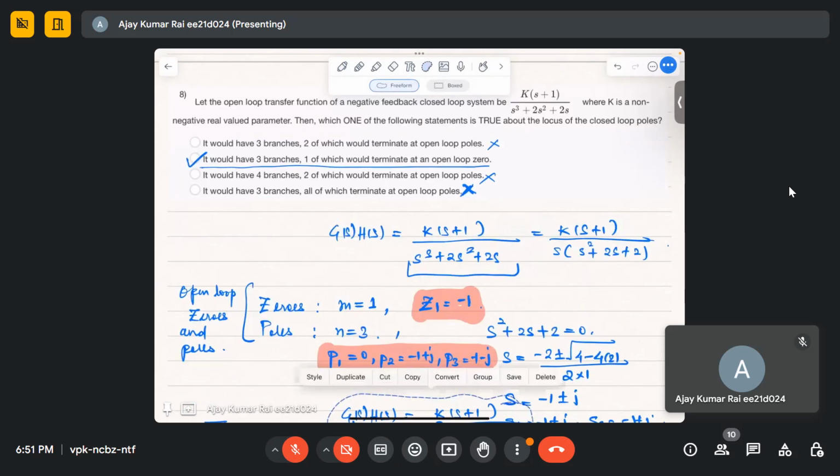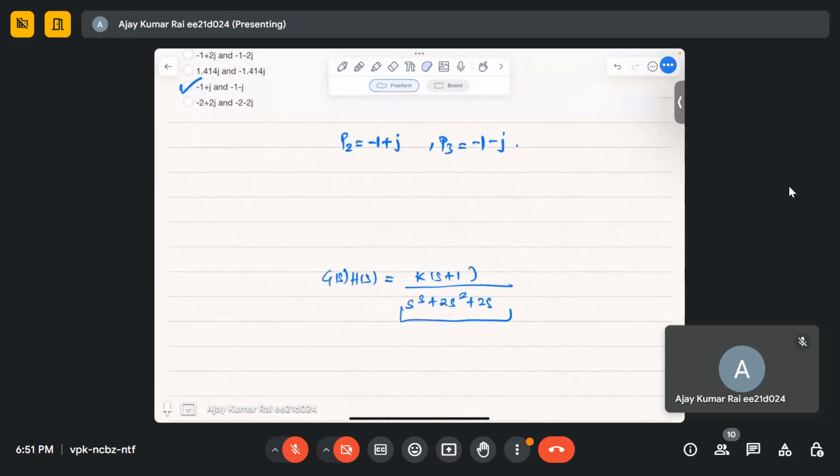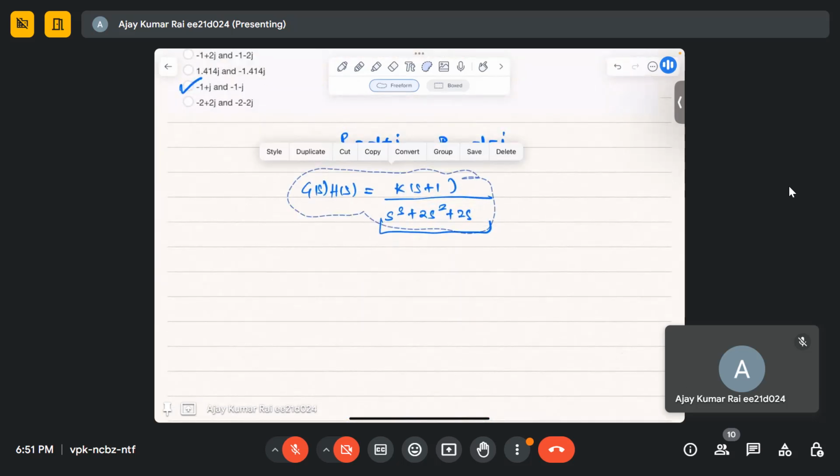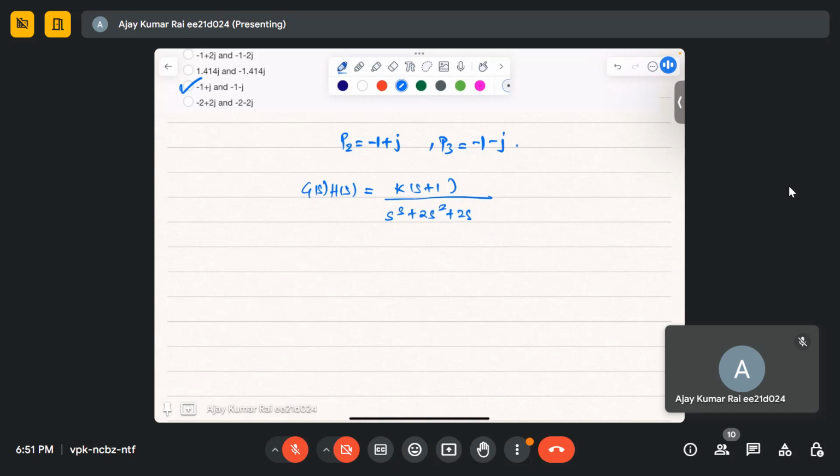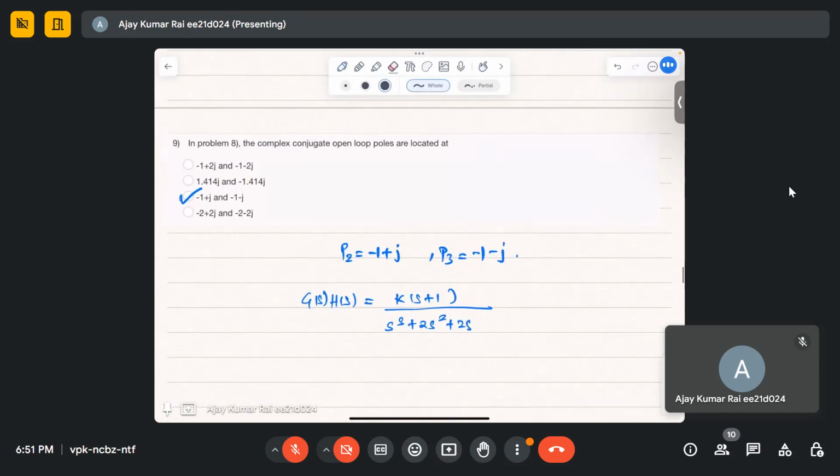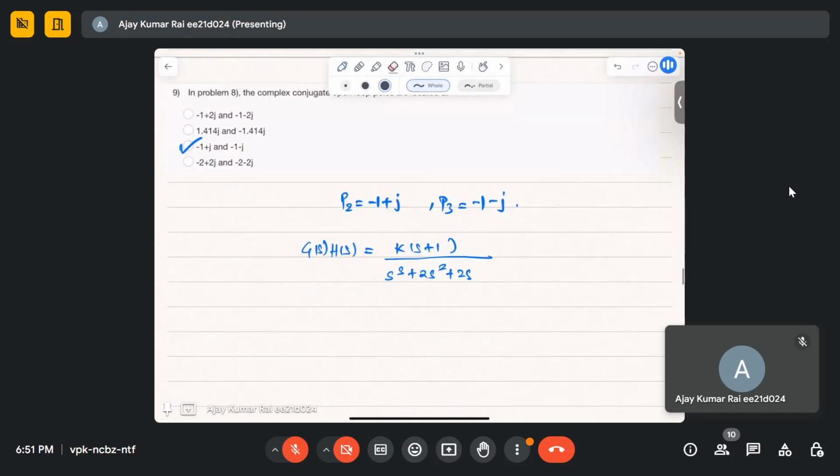So let me write it. I will directly write the open loop transfer function. What they're asking is open loop poles. So how to get the open loop poles? Solve this equal to 0. Okay, you know s square plus 2s plus 2.